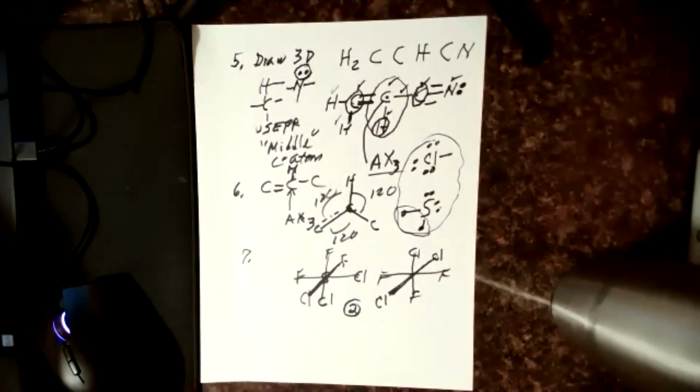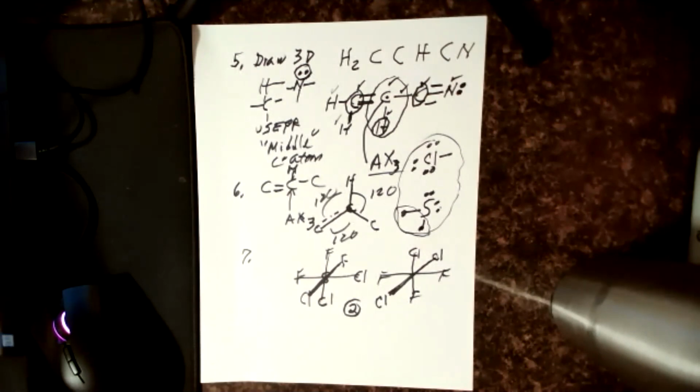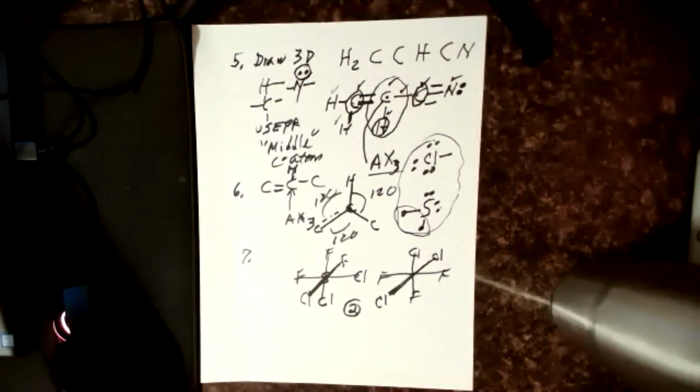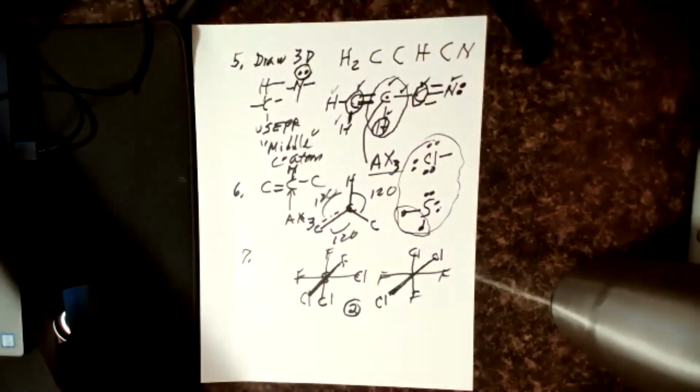I'm going to do it by looking at the structure I've got and trying to figure out how many different ways I can put the minimum number of things attached. Like this is 3 chlorines and 3 fluorines. What if it had been, say, 3 chlorines and 2 fluorines on some molecule?